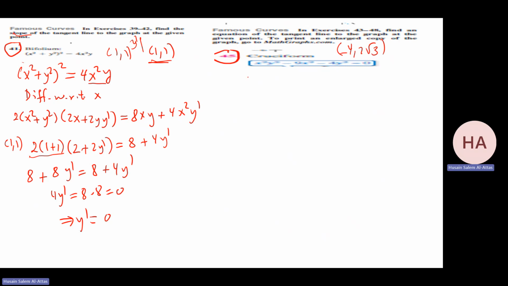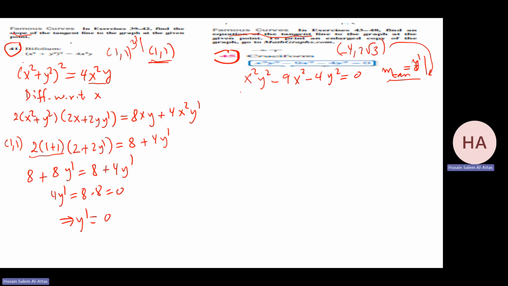The relation is x squared y squared minus 9x squared minus 4y squared equals 0. You want to find the equation of the tangent line. It means you need to find m tangent, which is y prime at this point. And then if you have the slope, we have the point, we can find the equation.